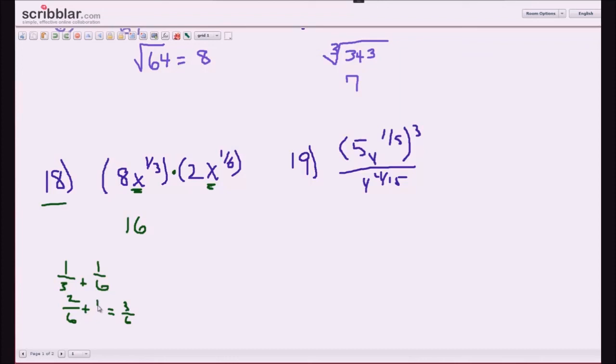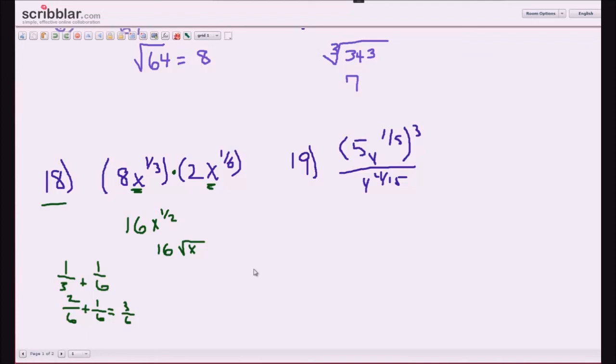Let's bring it down just to make sure everyone knows where that came from. And 3 over 6 is just 1/2. So that would be x to the 1/2. Now if you're in my math lab, not sure if they were going to ask for that or for the fractional exponent. Not completely sure. Definitely both of those answers are correct.